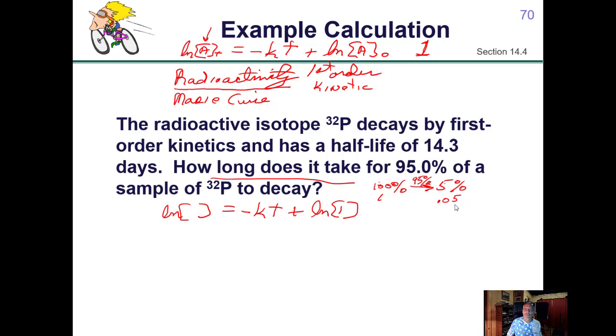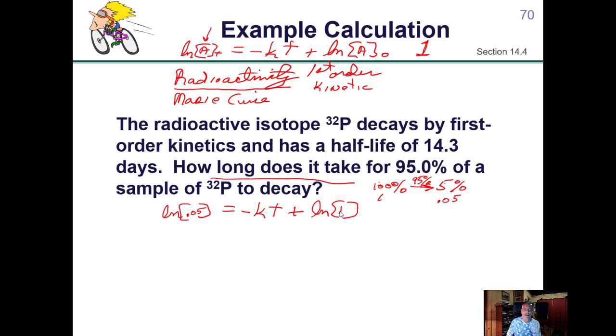So this is what's left, 0.05. Alternatively, I could take 5 divided by 100, which gives 0.05, starting off with 100.